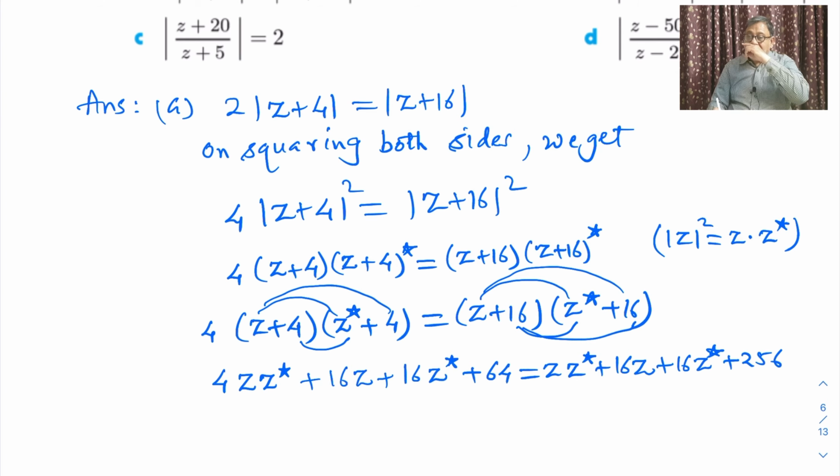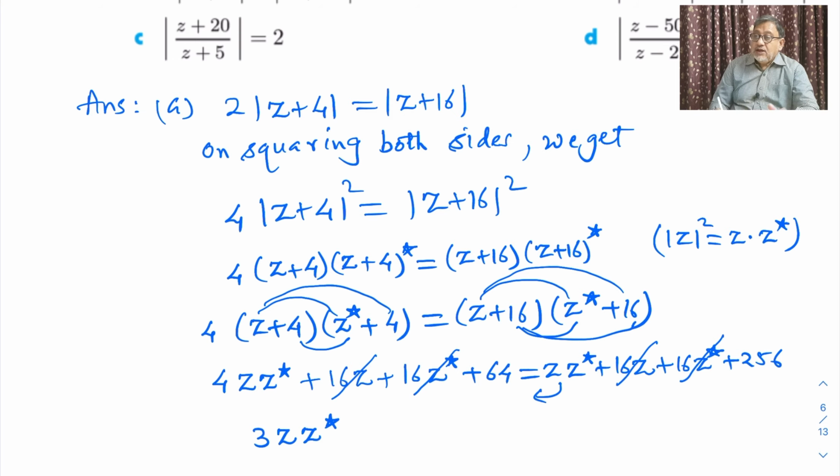Now on both the sides the like terms will be cancelled. So 16z will get cancelled with 16z, 16z conjugate will cancel with 16z conjugate. Now what is remaining with us is 4z z conjugate, and this z into z conjugate will come there. So 4 minus 1, 3z into z conjugate.